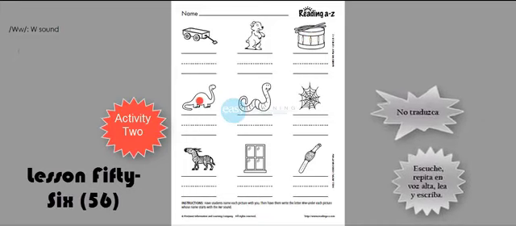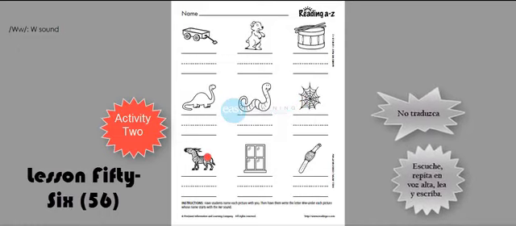This is a dinosaur. Worm. This is a worm. Web. This is a web. Zebra. This is a zebra. Window. This is a window. Watch. This is a watch.